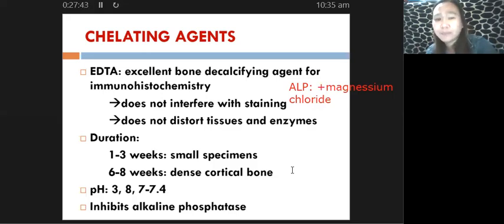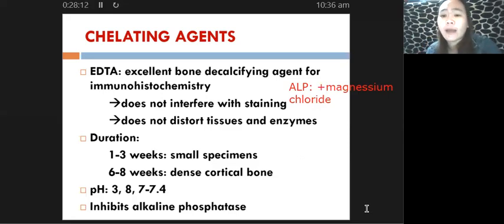Okay? So in the laboratory, EDTA is available in 2 formulations. Just like what I have mentioned, we make use of the sodium salts of EDTA. So what are the 2 formulations? I think it is in your manual. Yes, it is.